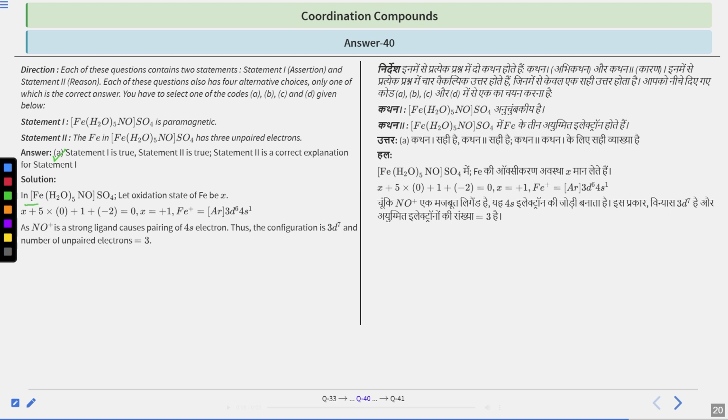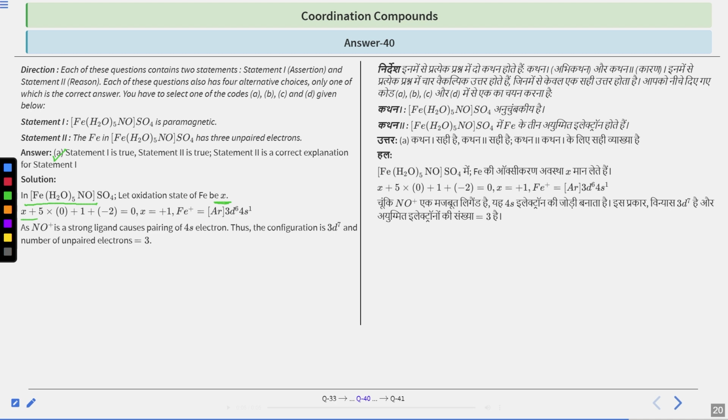So in the complex [Fe(H2O)5NO]SO4, let's suppose the oxidation state of iron be X. Now if you calculate for X, it will be X plus 5 times 0 plus 1, because NO is having charge or oxidation state plus 1, plus minus 2 for SO4 is equal to 0.